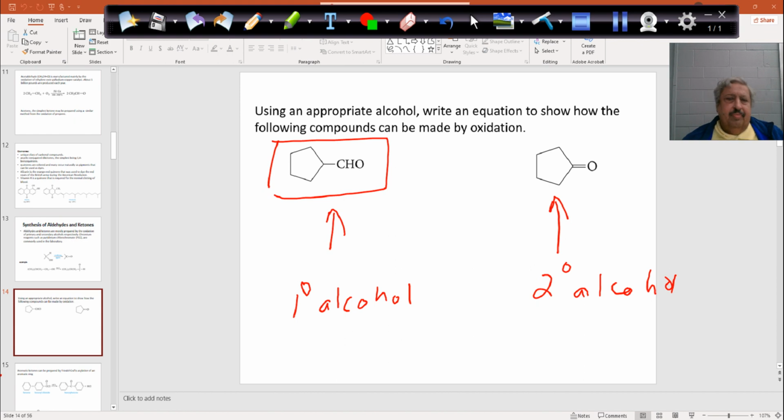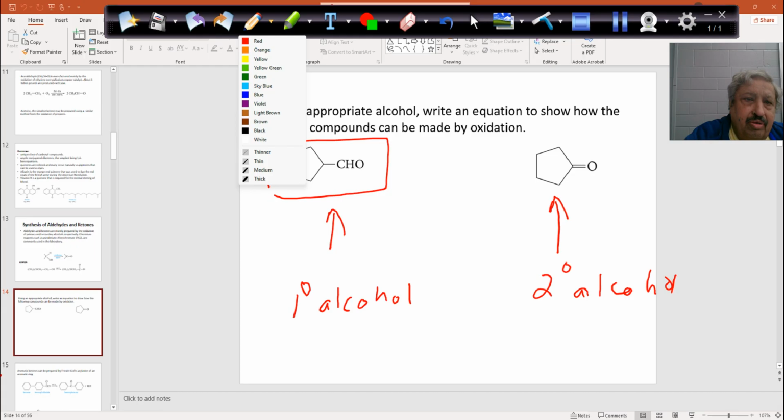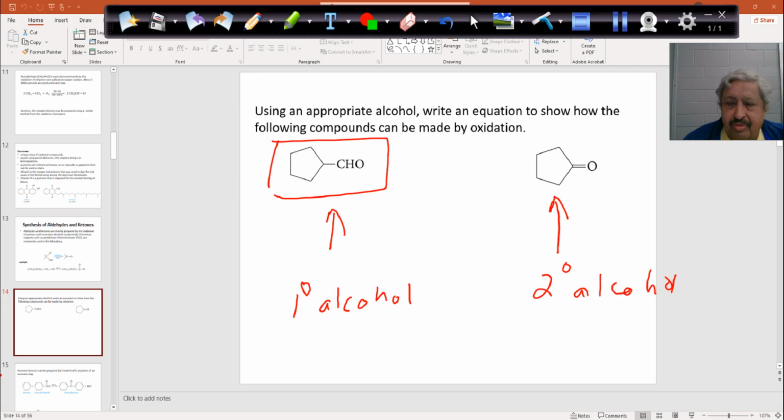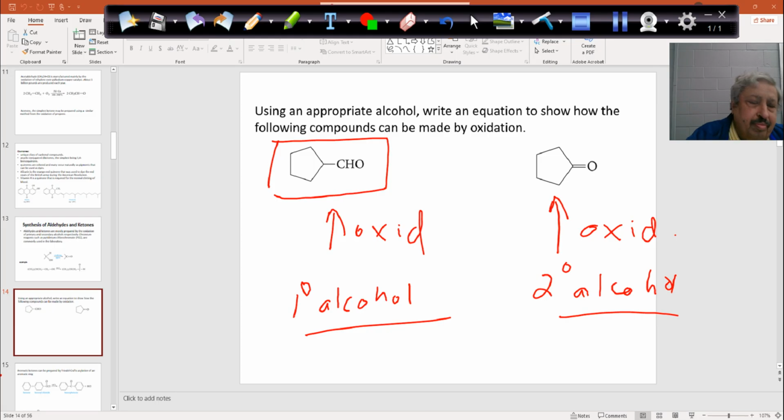Okay, guys. As I said before, the aldehydes are coming from the oxidation of the primary alcohol, while the ketones are coming from the oxidation of secondary alcohol. Oxidation of secondary alcohol will lead to what?